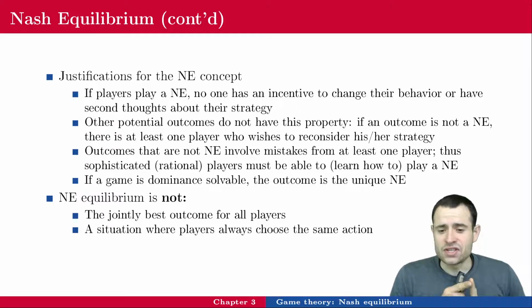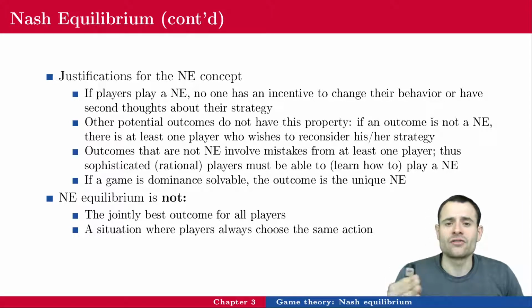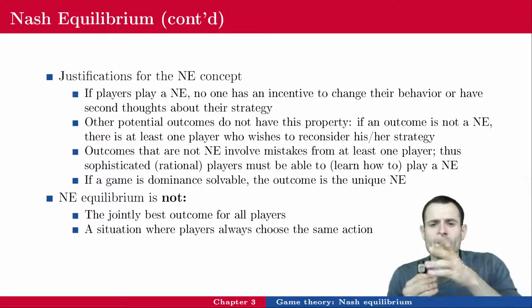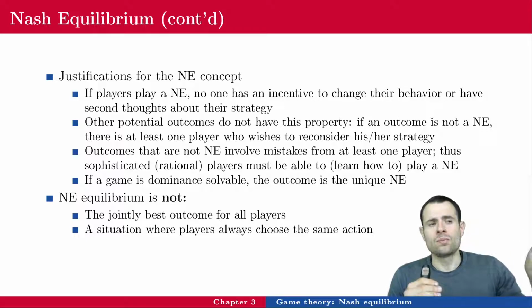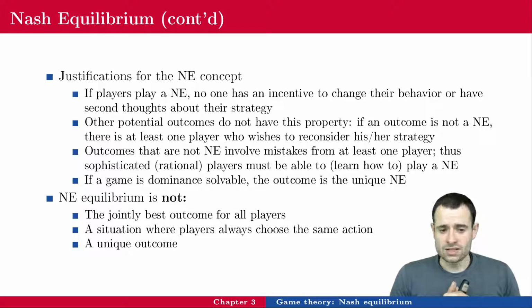It is not a situation where players always choose the same action. We went over games where players can have different actions. I went over a game where Colin can play left, center, right, and Rho could play top, middle, bottom. And we had one Nash equilibrium in this case. And it is not a unique outcome either.